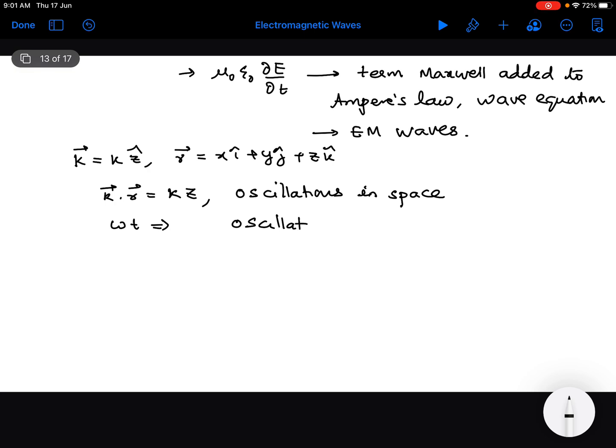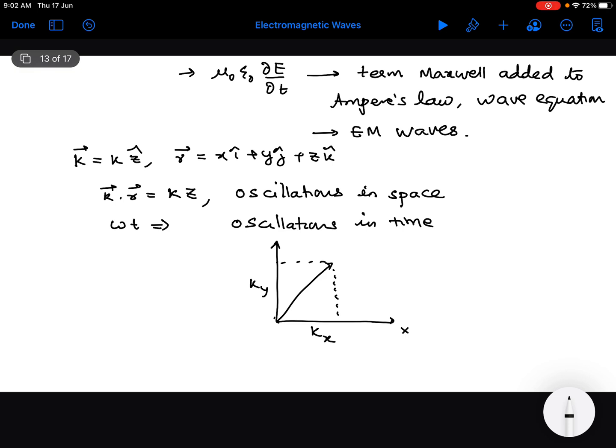Omega t is oscillations in time. Now let's suppose that this is a k vector which is propagating like this. The projection of k onto x is kx, and this is ky.